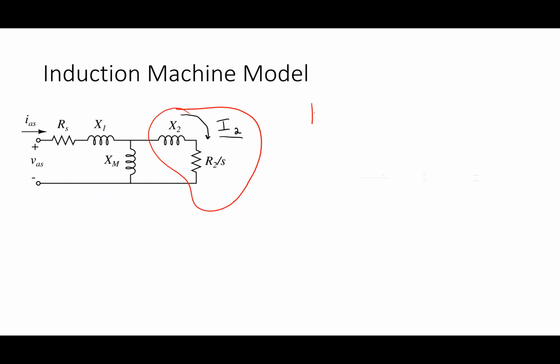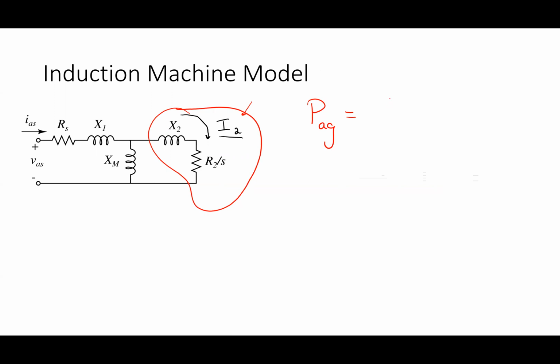If I talk about the air gap power, the power crossing the air gap, what would that be here? How would I calculate the power in this branch that I've circled? Which is back to our basics of I2 squared times R2 over S, right?